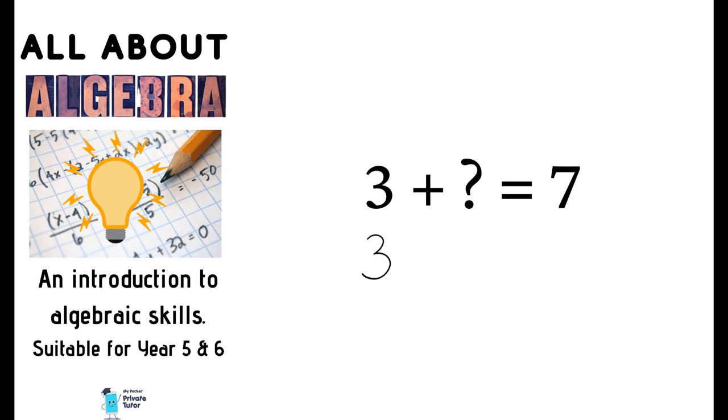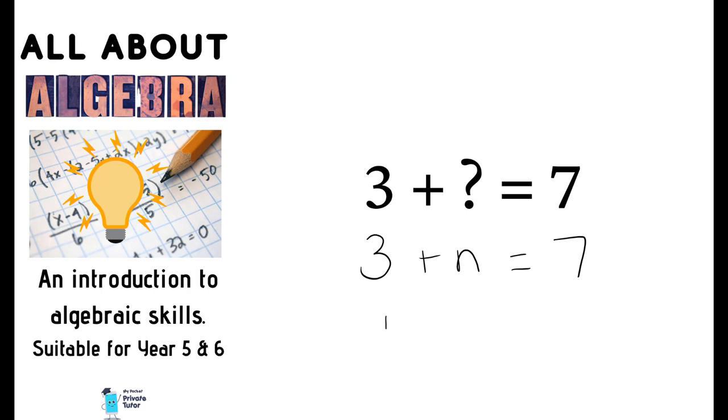Now in algebra, we would replace that question mark with a letter. So for this example, I'm going to replace the question mark with the letter N. 3 plus N equals 7. For this number sentence, you can probably figure out that the missing number is 4 because you can mentally calculate in your head that 3 plus 4 makes 7, or you may have used the inverse and subtracted 3 from the 7.